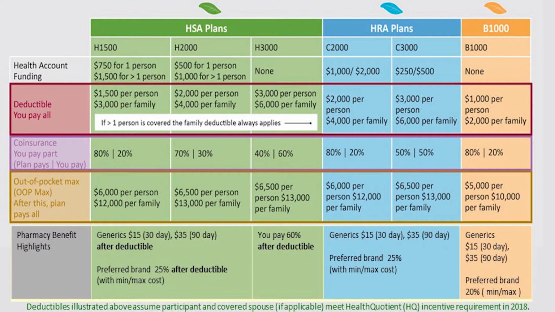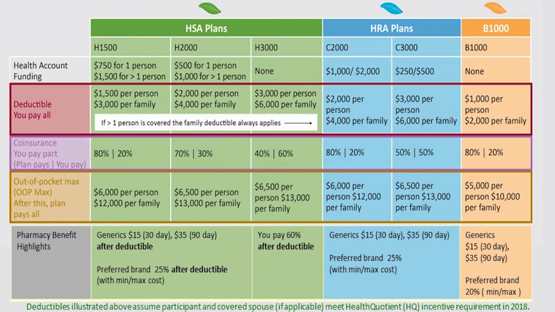Your co-insurance is listed here by plan. Again, that's what you pay after your deductible is met. And then the next box is out-of-pocket max. What are those? The most that you are going to have to pay. What is not on your brochure is this pharmacy benefit highlight, and that's what I want to draw your attention to because that's another difference.